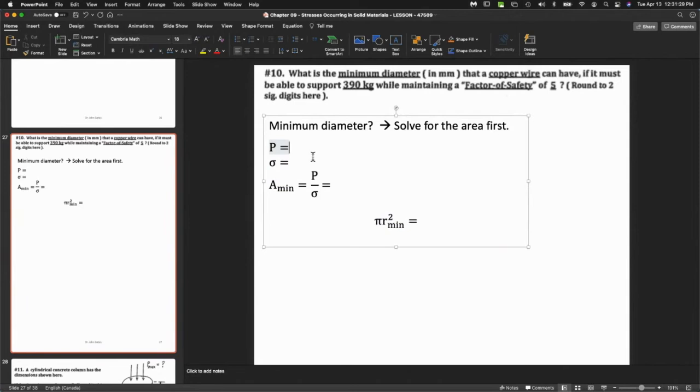So firstly, let's get that force. So we have 390 kilograms. Now, I noticed on your assignments, number 10, most people on the mass and the weight questions got them right. But you notice that some people I deducted like 0.1, even though the answer was technically correct, you didn't do it in the most efficient way.